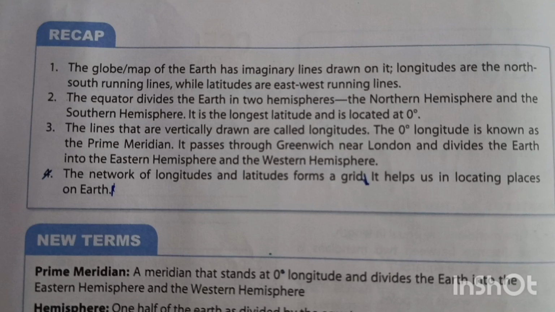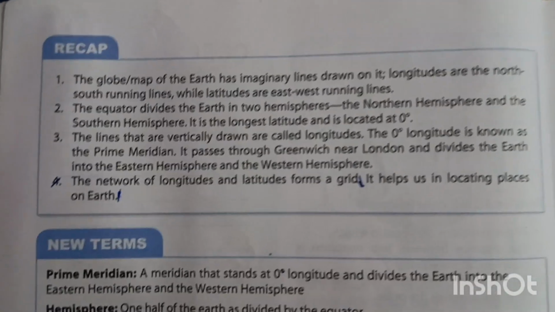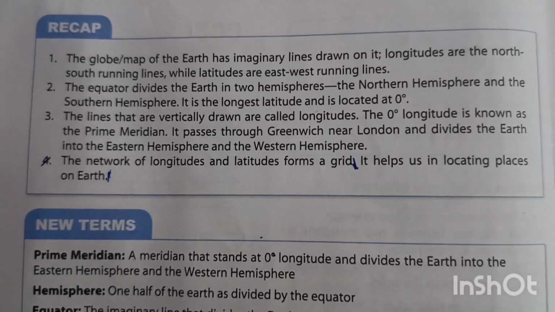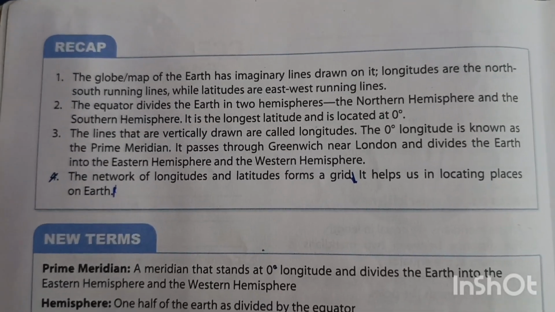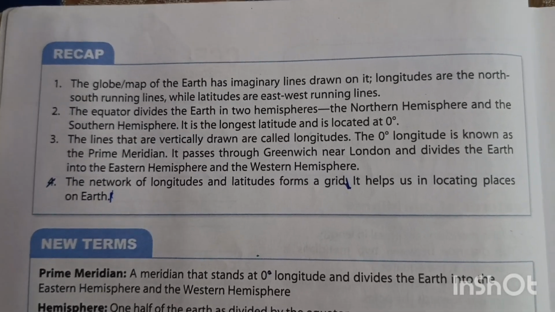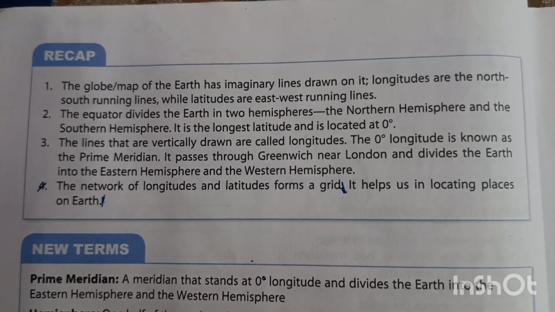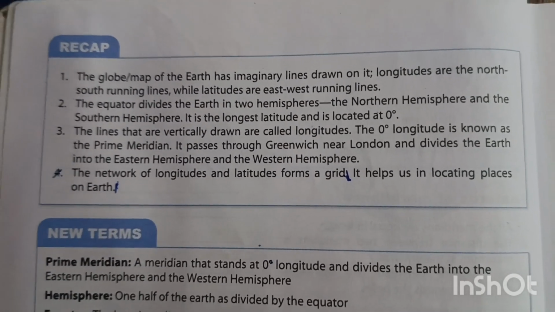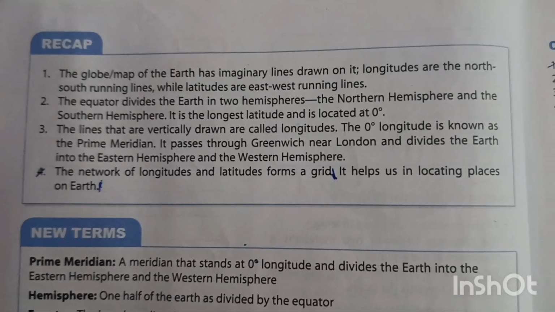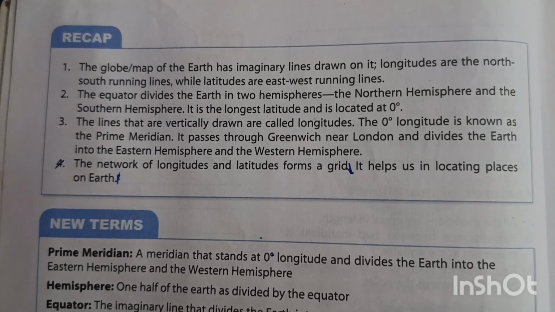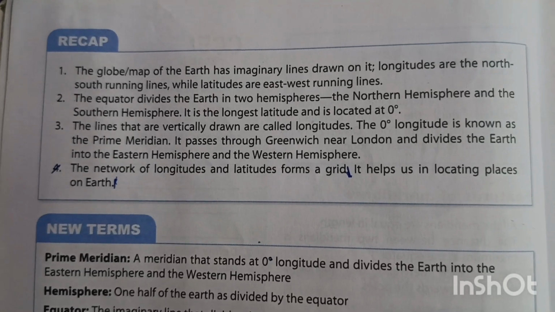Now let's recap. I told you that the globe or map of the earth has imaginary lines drawn on it. They are called latitudes and longitudes. Longitudes are the north-south running lines, whereas latitudes are east-west running lines. The equator divides the earth into two hemispheres, northern hemisphere and southern hemisphere.